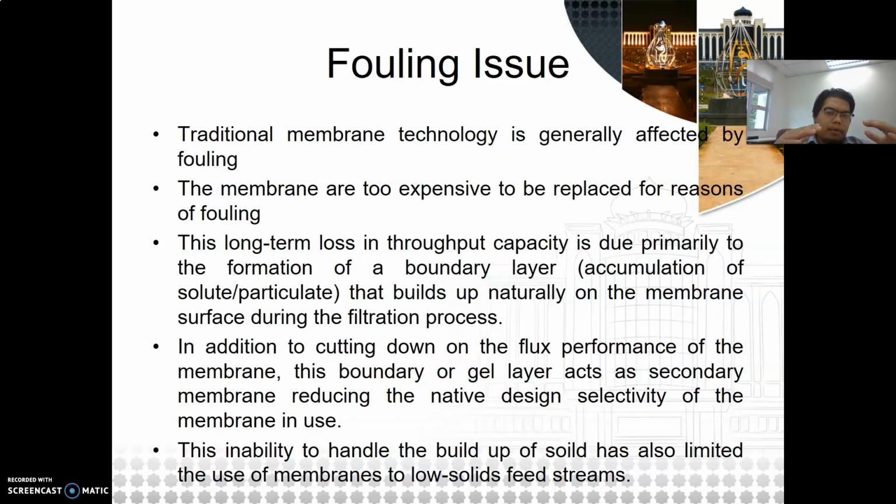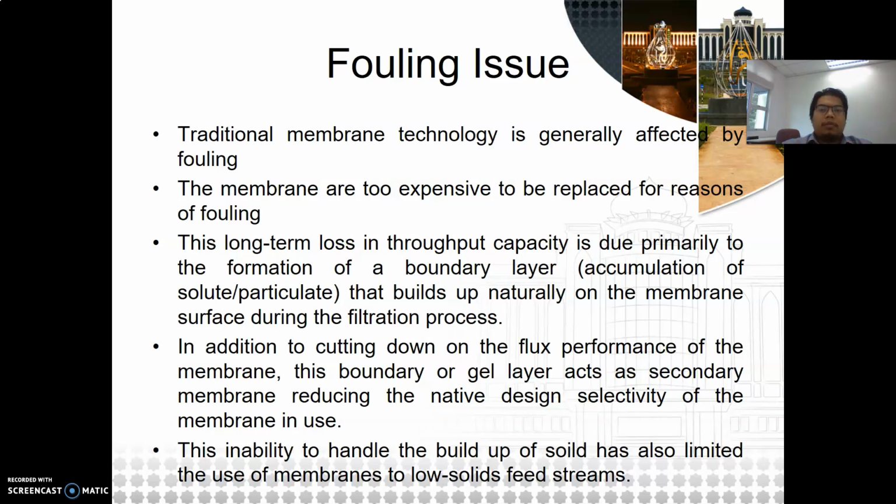We have a lot of pores in our membrane, and if the process runs for a long time, the light particles will deposit on our membrane, and it makes the flow rate, or the efficiency of water permeating the membrane, less effective.